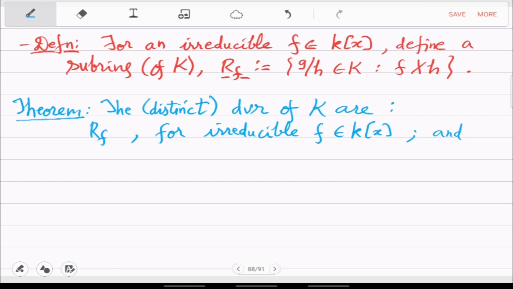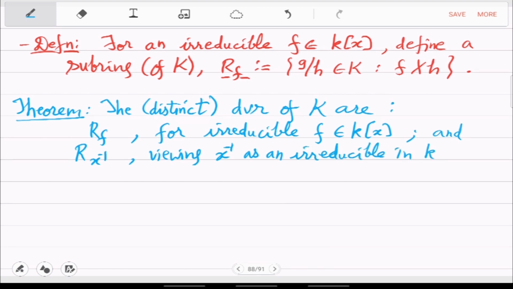f equal to x already appears in this example, but there is another thing you can do. You can look at 1 over x. So you can look at R_{x inverse}, viewing x inverse as an irreducible in the polynomial ring, but instead of x you are using x inverse.